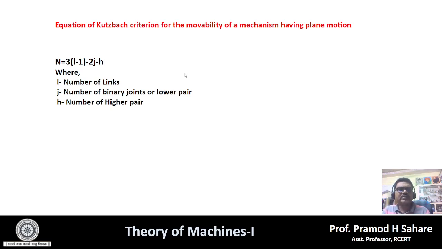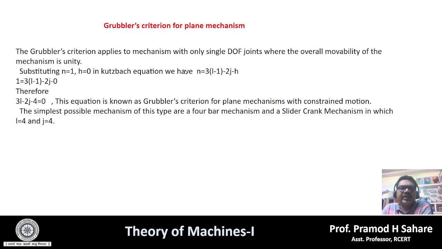First of all, we will discuss what exactly Grubler's criterion for plane mechanism is. Grubler's criterion applies to mechanisms with only single degree of freedom joints, where the overall movability of the mechanism is unity. Now suppose I put the value of n as 1 and H as 0, so I will get 1 equals 3 times (L minus 1) minus 2J minus 0.